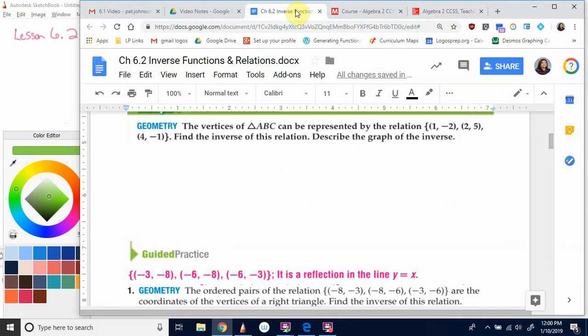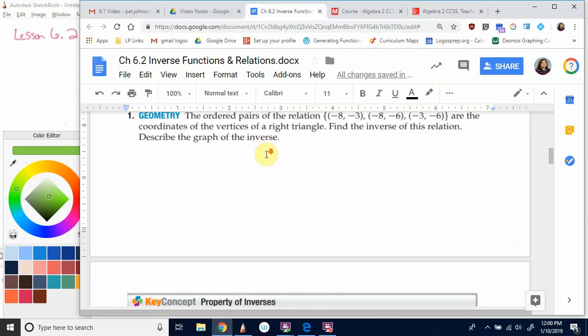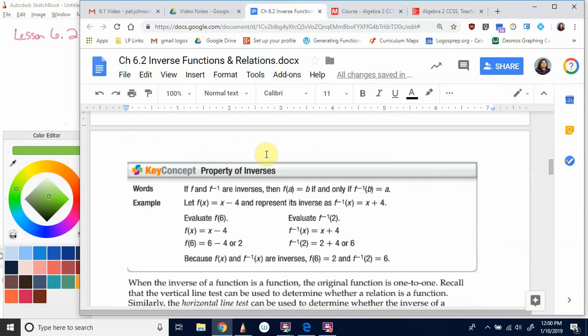All right, so then we have properties of inverse relationships. If you look at the key concept box on page 2, it says if f and f to the -1, which is the way you represent an inverse, are inverses, then f(a) equals b if and only if f inverse of b equals a. So they're just saying you swap the y's and x's, which they just told us.